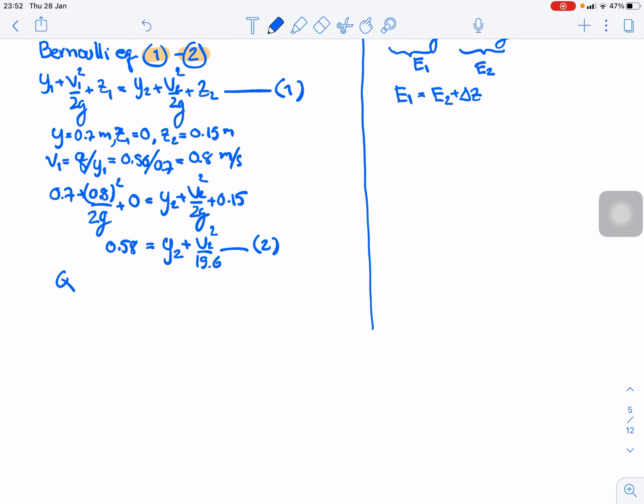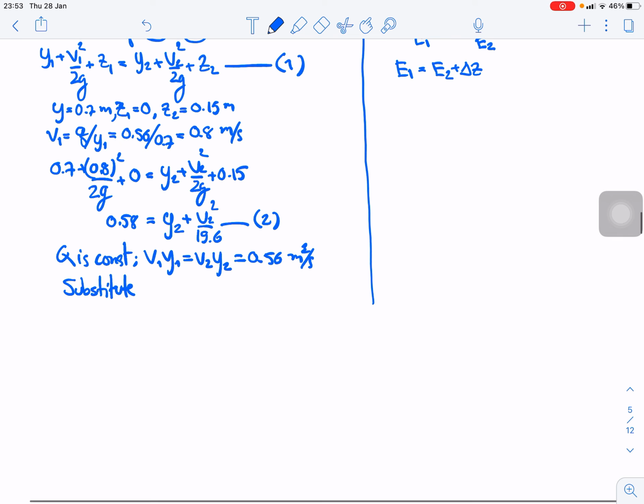So we assume that q is constant and v1 y1 is equal to v2 y2 equal to 0.56. So we can substitute v2 is equal to 0.56 divided by y2 in equation 2.